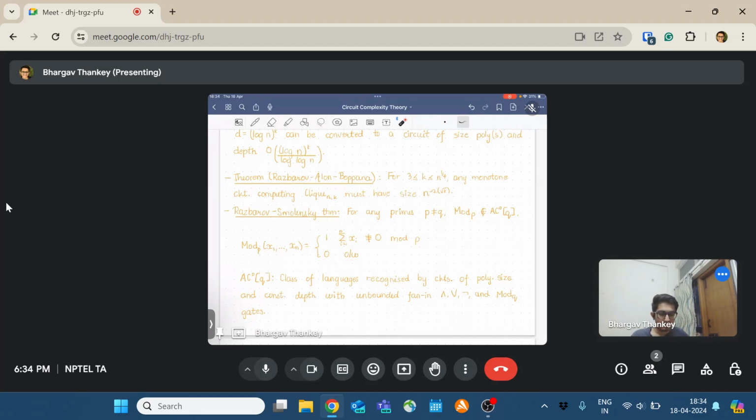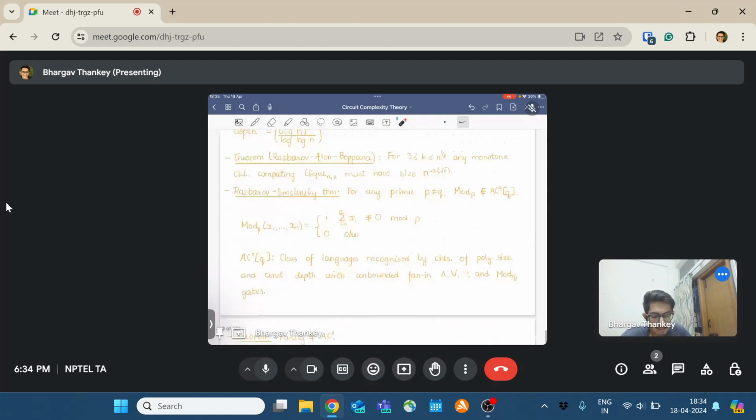Then we saw a couple of theorems that proved lower bounds against parity for circuit classes AC0 and AC0[q]. For any primes p not equal to q, mod p is not in AC0[q], where mod p is the function which is 1 if and only if the sum over i from 1 to n of xi is not equal to 0 mod p, and 0 otherwise.